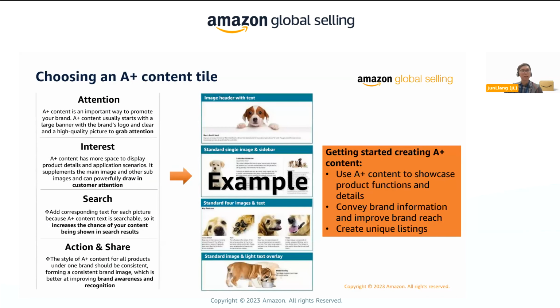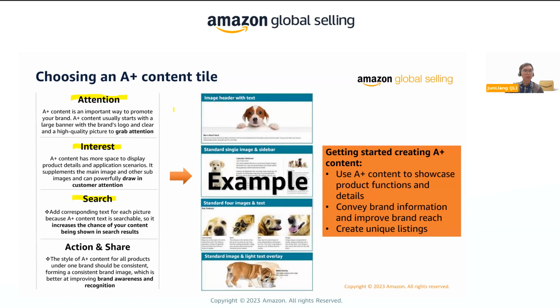All right, so this is a general guideline that we see will be a good start. The first one that you want to show is usually the big image header with a text to capture the attention. The second one is a little bit more info just to pique the interest of your shopper. For the third one, you will have a little bit more, such as the different product features or each of the products that you have.